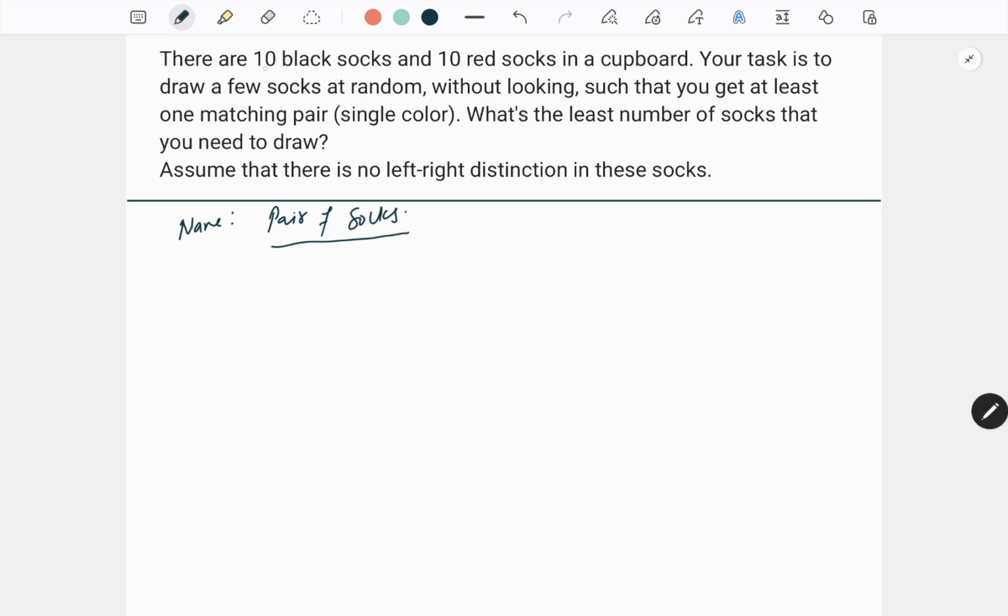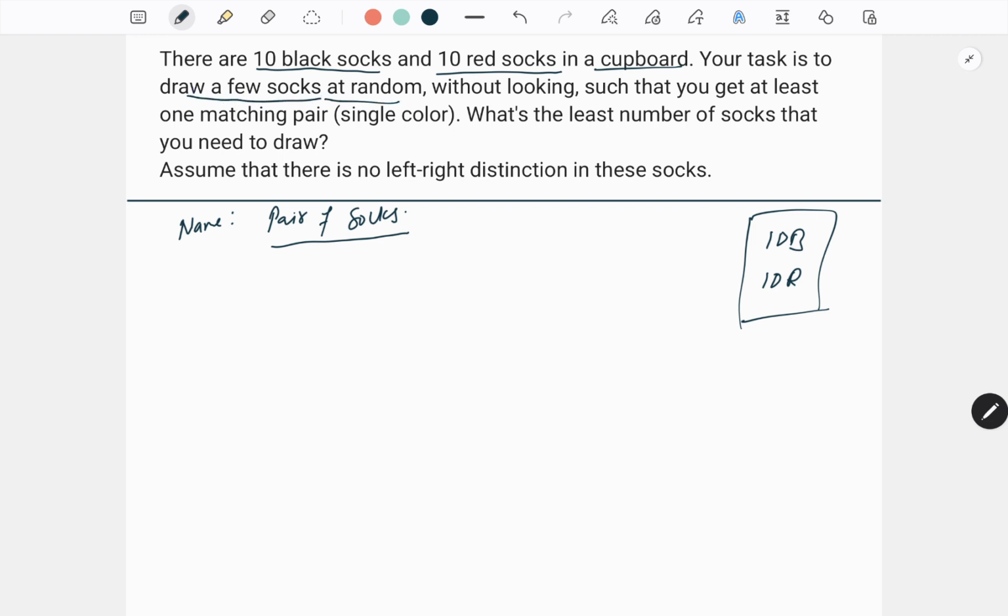So there are 10 black socks and 10 red socks in a cupboard. Now your task is to draw a few socks at random.